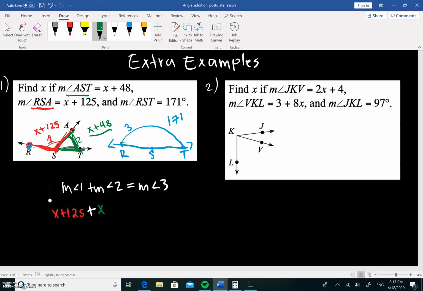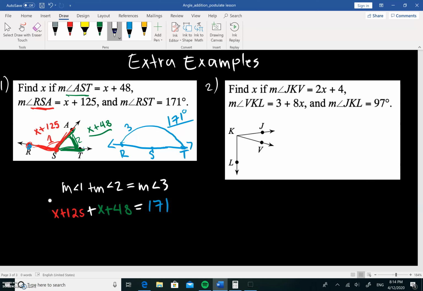So x plus 48, and this whole thing has to be equal to the measurement of angle 3, which is this one, right? So 171. And then from here, we have our setup, and now all we have to do is find what x is by combining like terms.